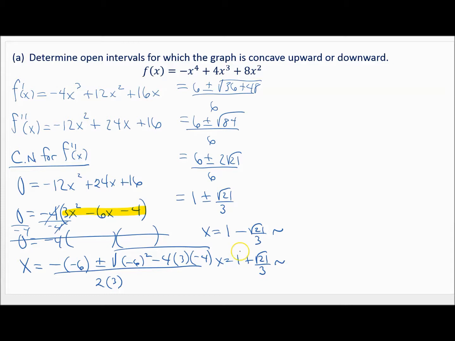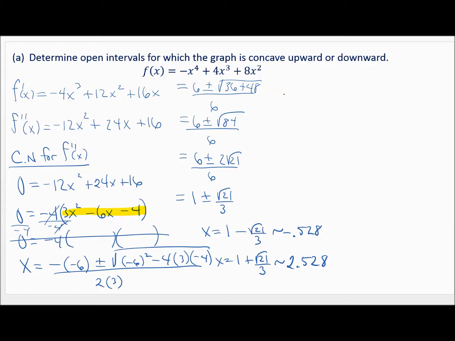Now, if I type in 1 minus the square root of 21 over 3 in my calculator, I get about negative 0.528. And then I type in 1 plus the square root of 21 over 3, and I get 2.528. Okay? Again, that's rounded. Now, my next step is to create a table.